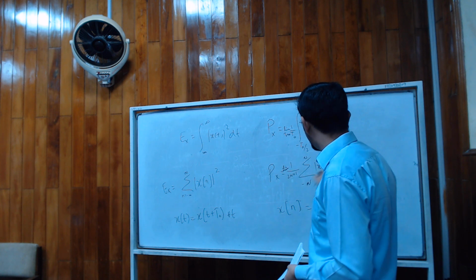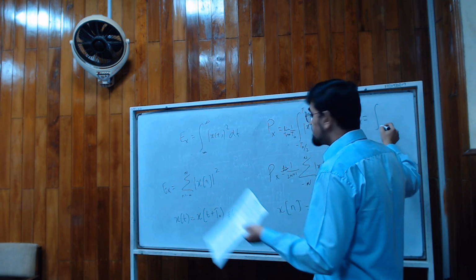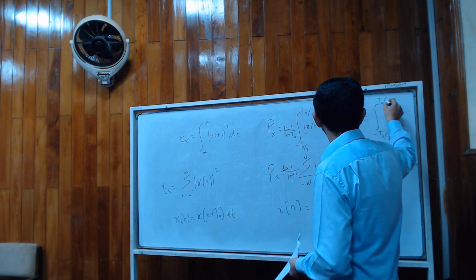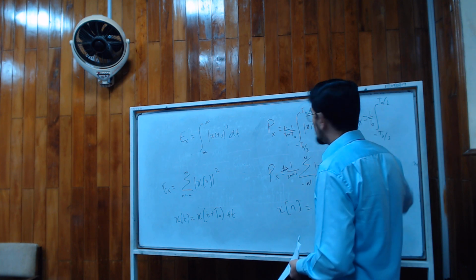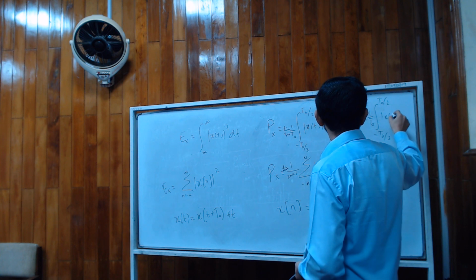For a periodic signal, what was the power? As you said, it was over one period, right? So limit की जरूरत नहीं रहती. Yes, you take one period and you integrate over that.